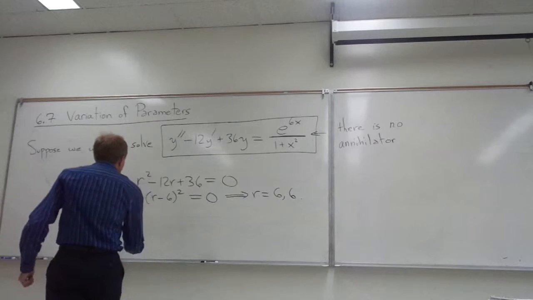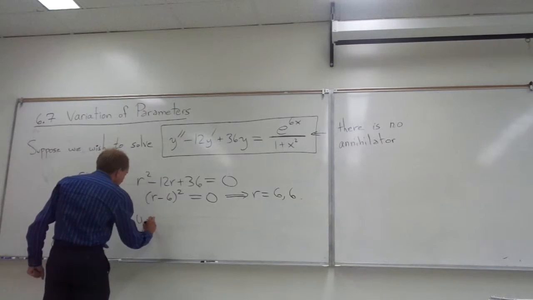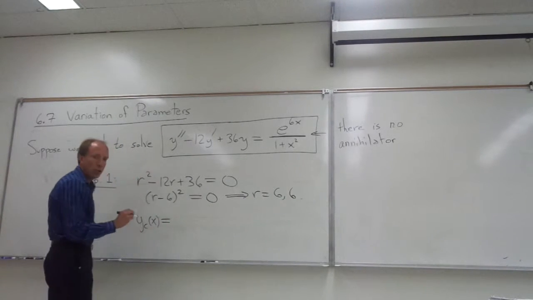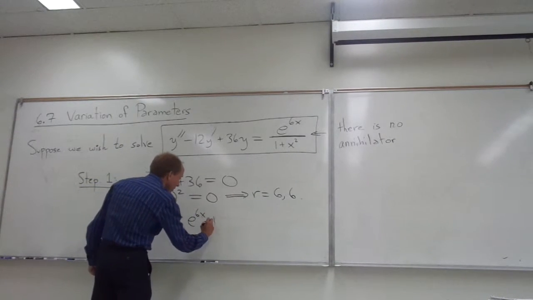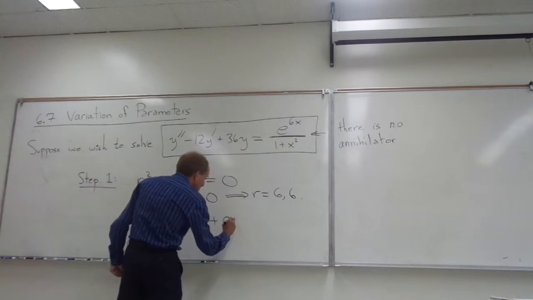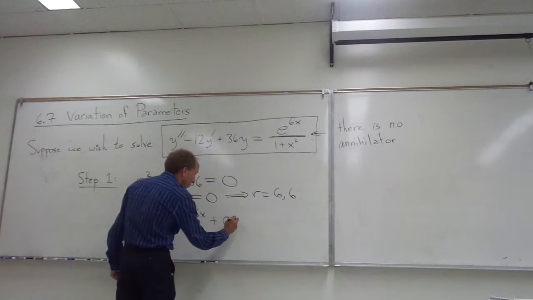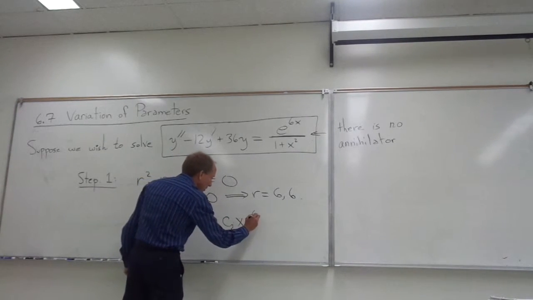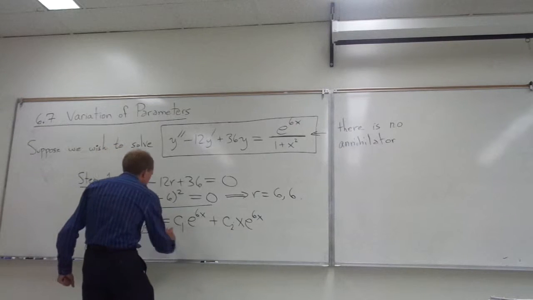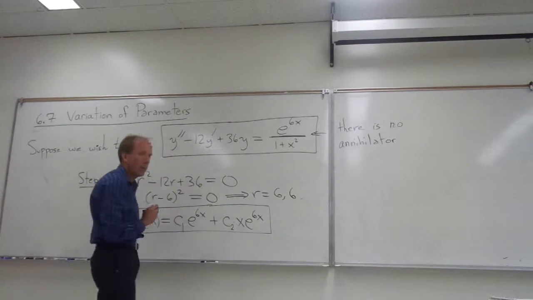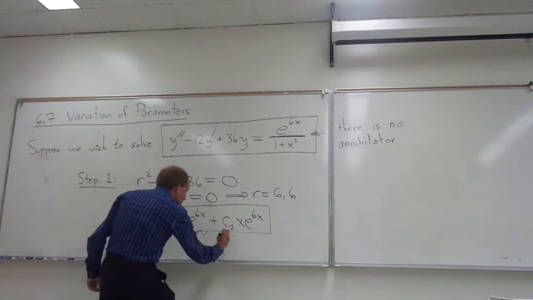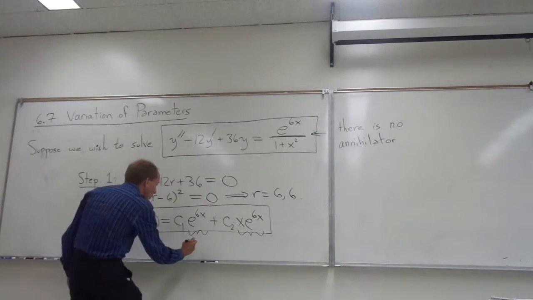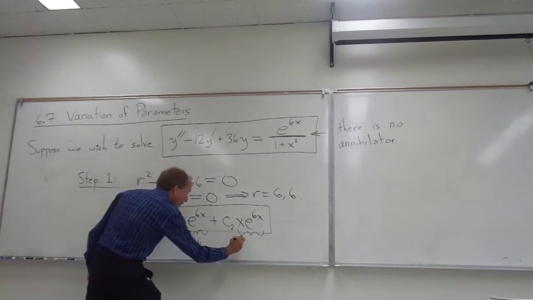So we can write down our complementary function already. The complementary function would just be c1 times e to the 6x, and because it's a repeated root, the second term, which has c2 in front of it, would be x e to the 6x. So this is the complementary function. Now I want to just identify really quickly these two basic solutions, which I'm going to call y1 and y2.